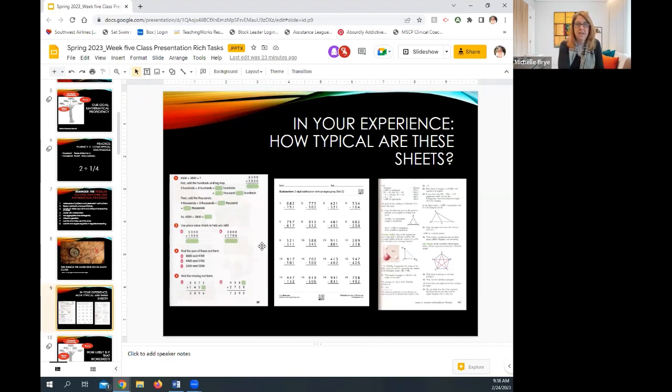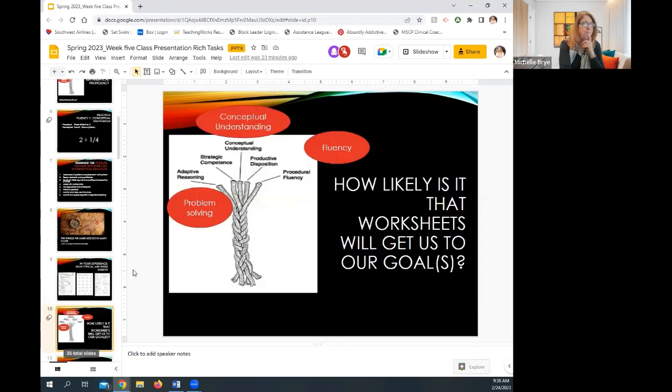So we're looking at large quantity, not so much the focus on one problem and really going deeply into that. So when we think how likely it is that worksheets will get us to our goal, what are your thoughts about that? If I was teaching worksheets and just those procedures, how likely would it be that I'm going to get this idea of mathematical proficiency?